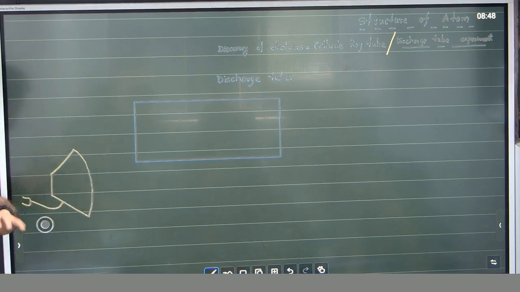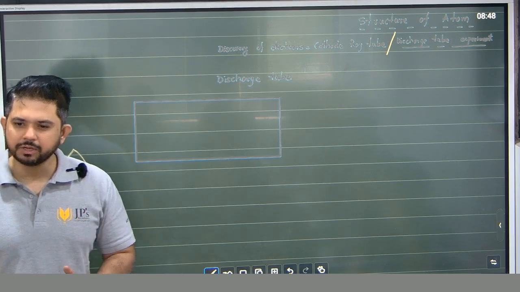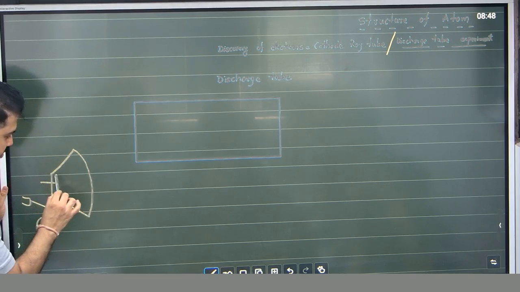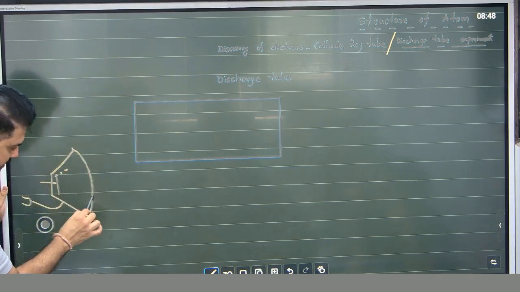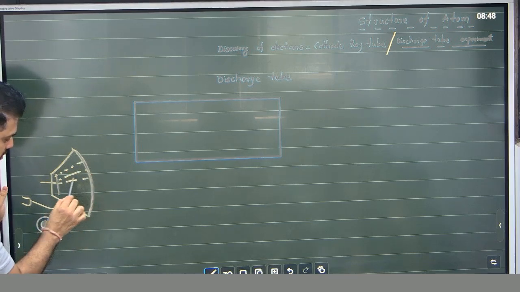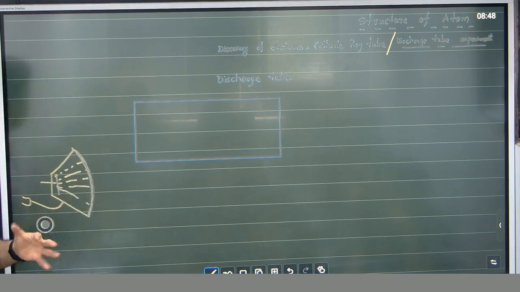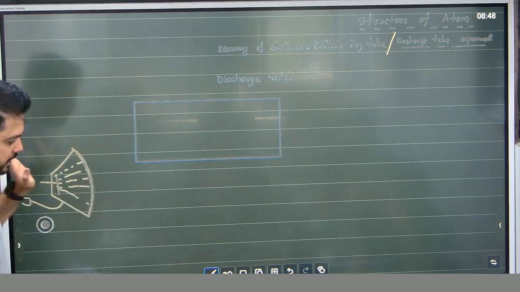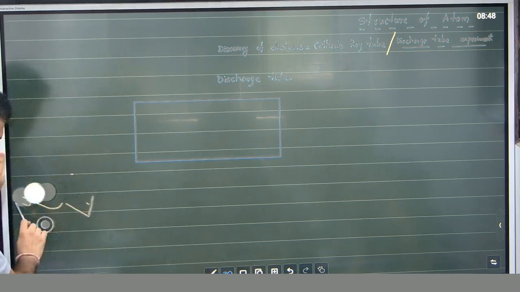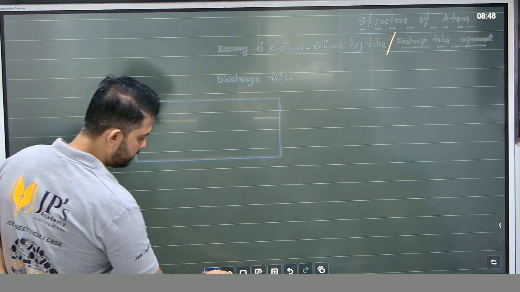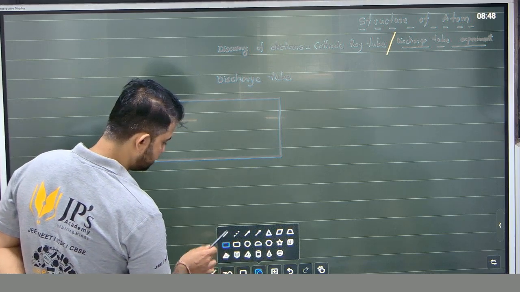If we remove the outer plastic covering, inside we have something somewhat similar to a discharge tube, and there's an electrode over here, and this is your television screen, and you can say electrons produce that picture that we see. So a discharge tube is somewhat similar to this. Now we have two electrodes.